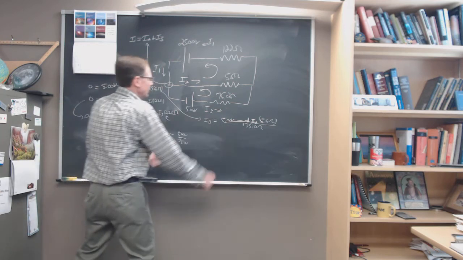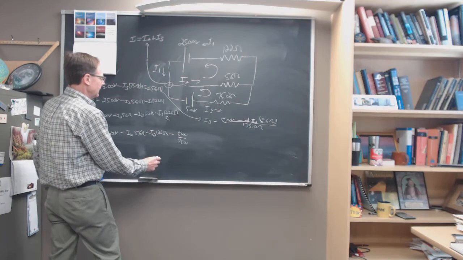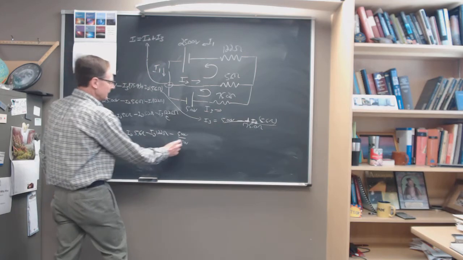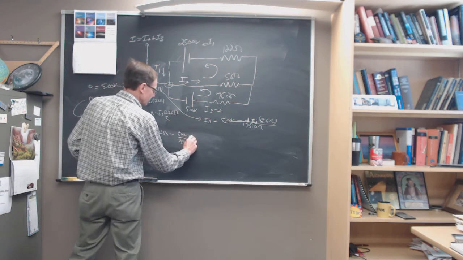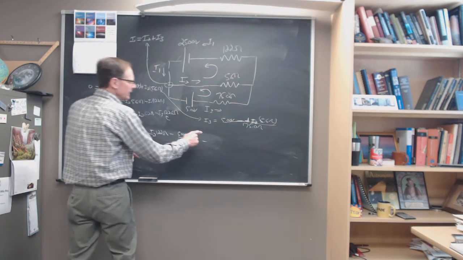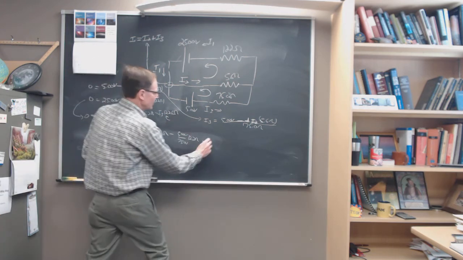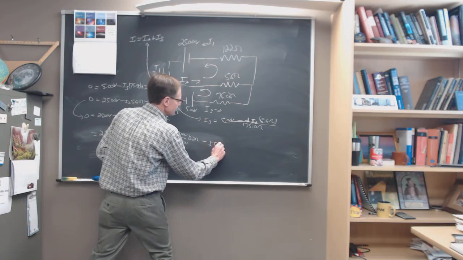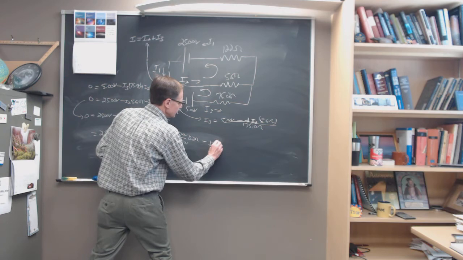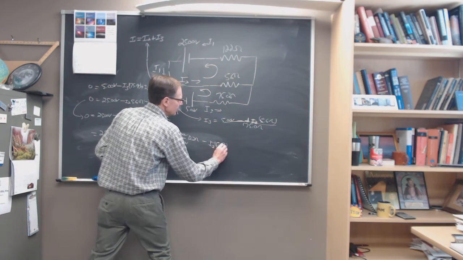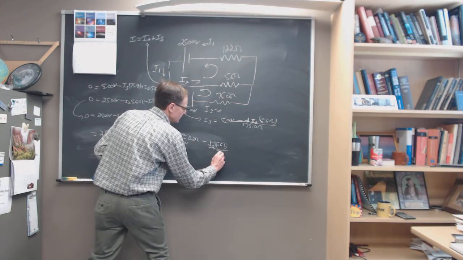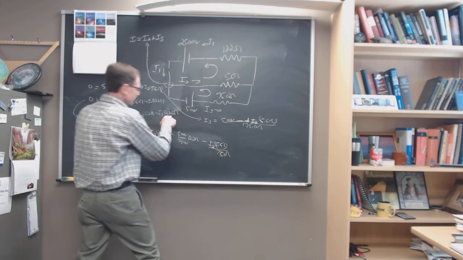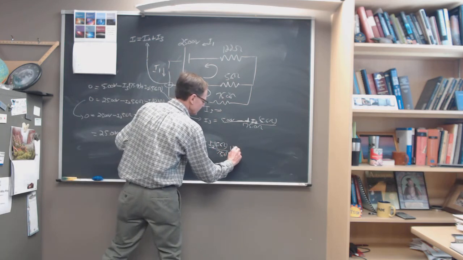That's the first term right here. And minus I3 times 122 ohms, minus I2 times 5.6 ohms divided by 75 ohms, but that whole thing still times 122 ohms.